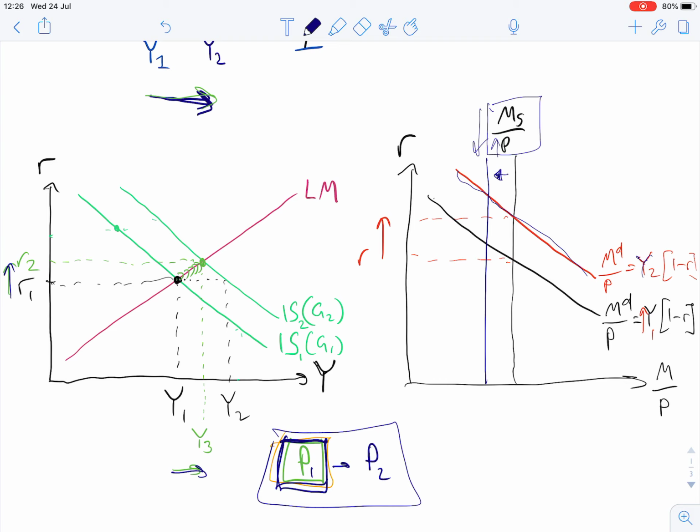We could have just gone straight to the LM model and recognized that as prices increase for a given level of output, we now have an even higher level of real interest. So this looks like a shift in the LM curve leftward. LM at price level 2, this was LM at price level 1.